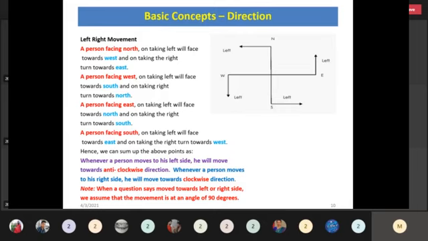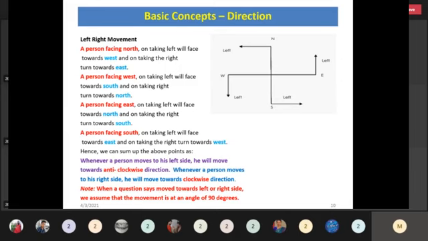Basic concepts. This one is also very important: left right movement. As I told you, in the form of a table, but if you learn it in the form of directions, it will be easy to learn. The first one is left right movement.